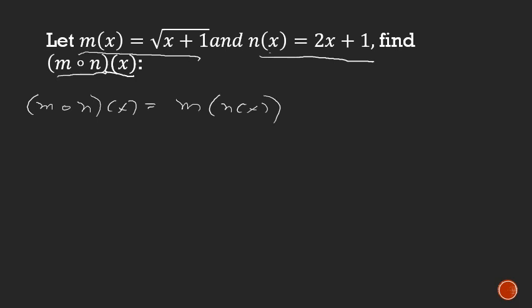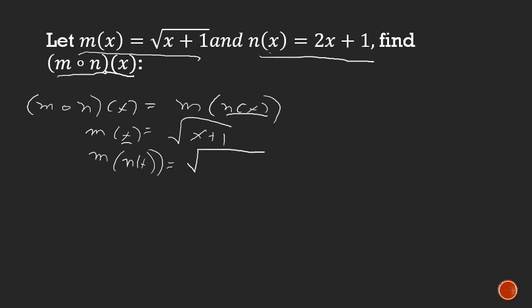So since the value of x in m of x is the n of x, if we have m of x equals square root of x plus 1, we are going to replace the x with the n of x, that is equal to square root of n of x plus 1.